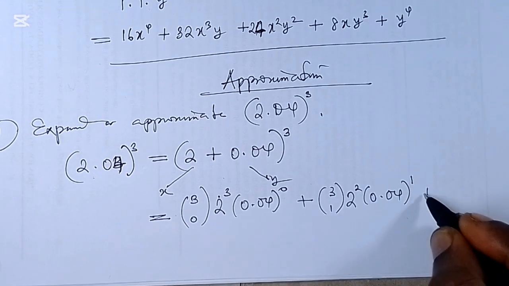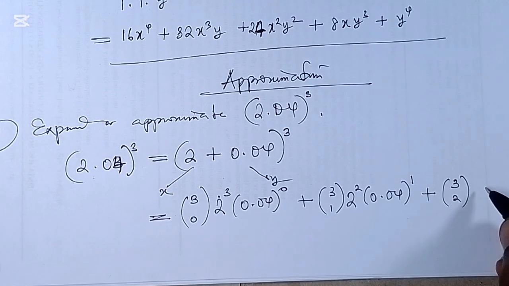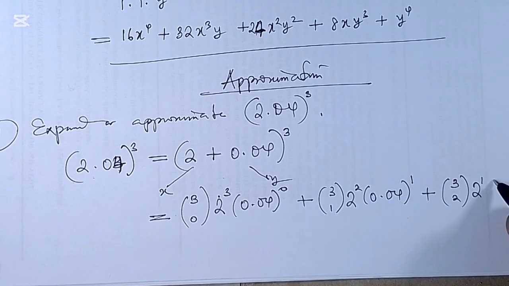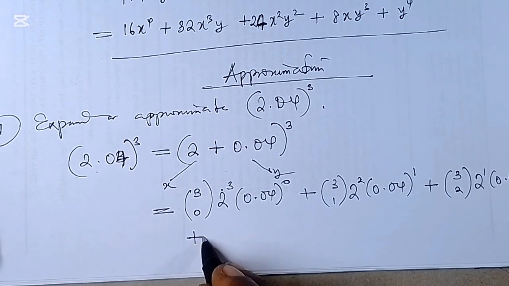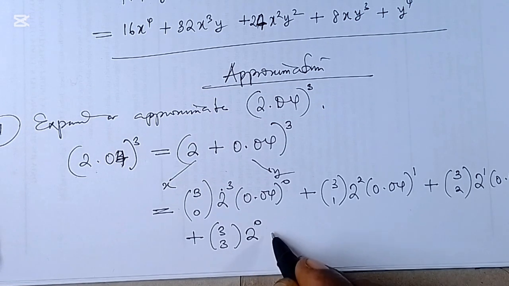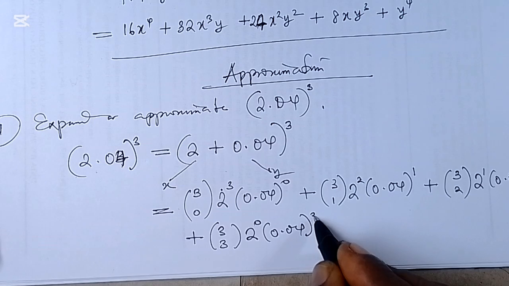Okay? The next one will be 3 combination 2. And this will be 2 raised to the power 1 because it decreases in power to 1. And this will be 0.04 raised to the power 2. And the last term will be 3 combination 3 times 2 raised to the power 0, times 0.04 raised to the power of 3.